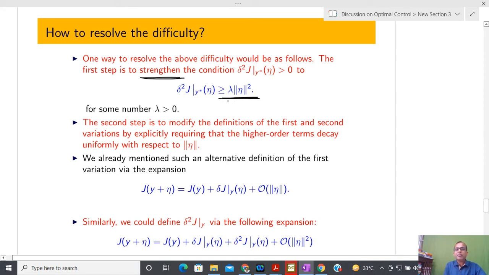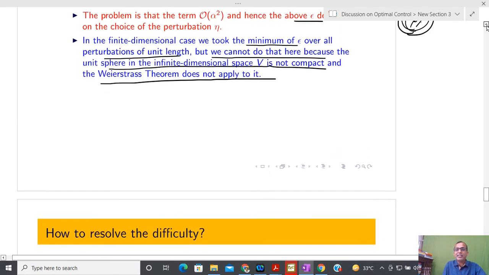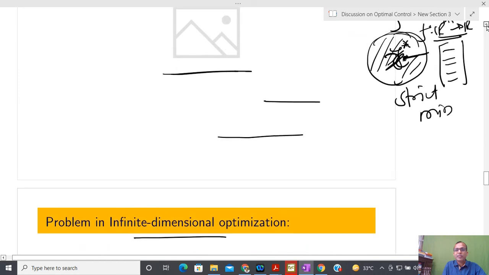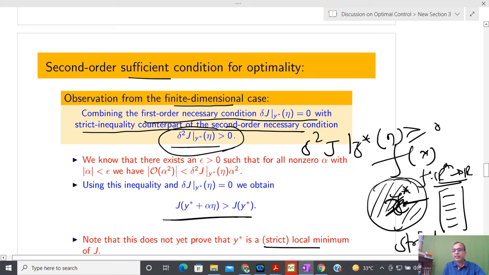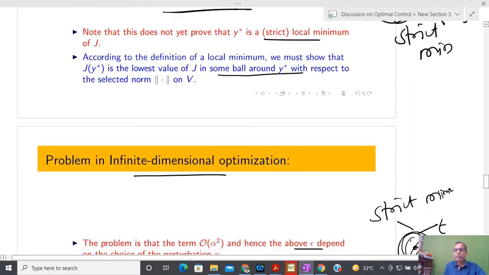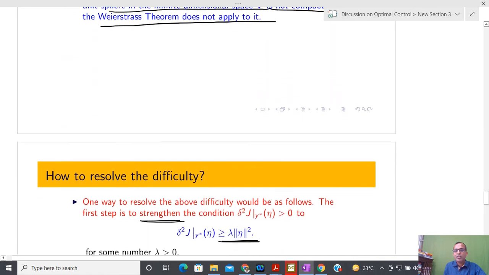And from the condition that the second variation is greater than or equal to 0, it is possible to show that I cannot say the second variation is greater than lambda times the norm squared. This doesn't always imply that.